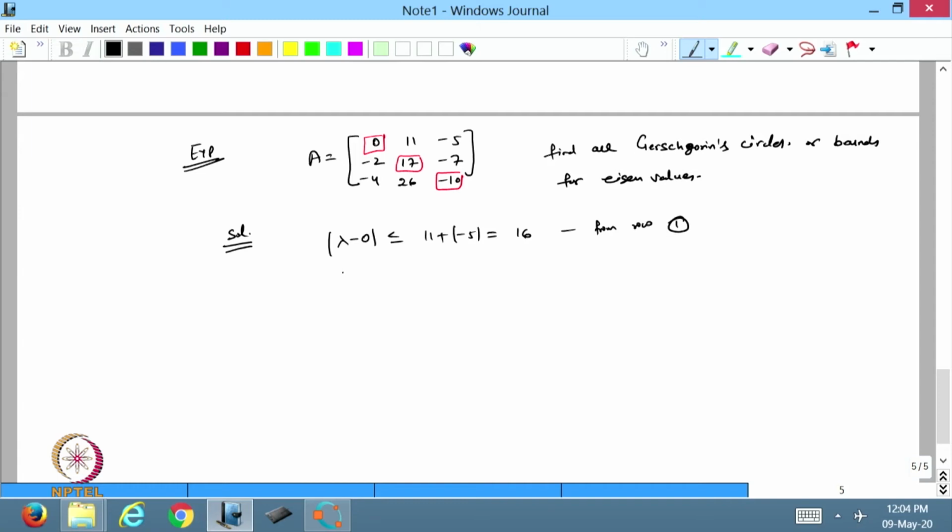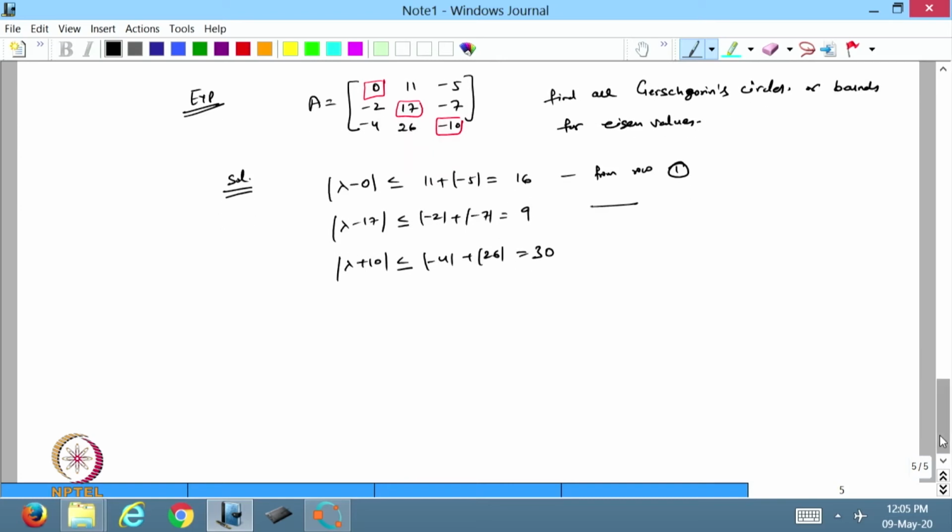Now, from the second row I will get |λ minus 17| less than or equal to |minus 2| plus |minus 7|, so that is equal to 9. This is from the second row, and from the third row I will get |λ plus 10| less than or equal to |minus 4| plus |26|, and that is 30.